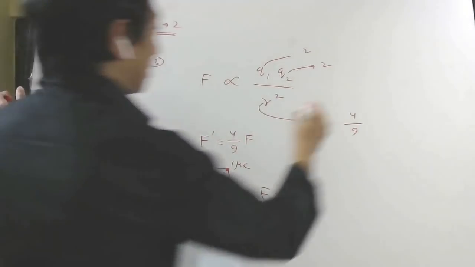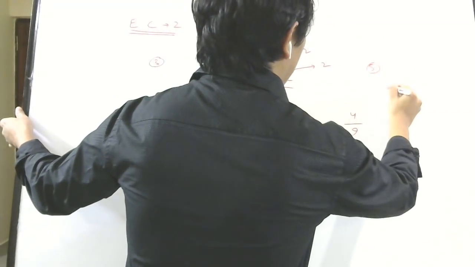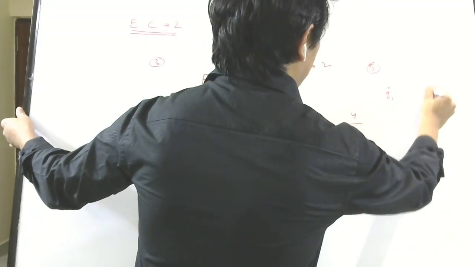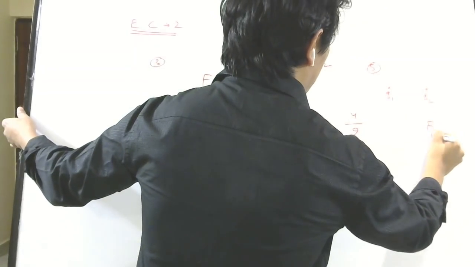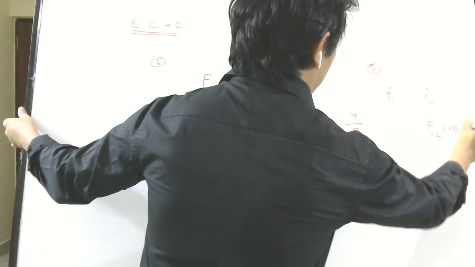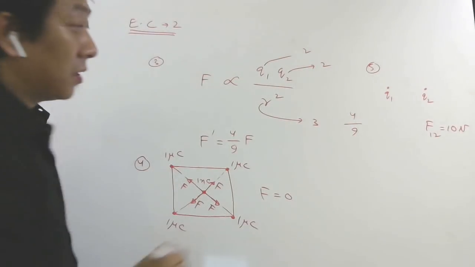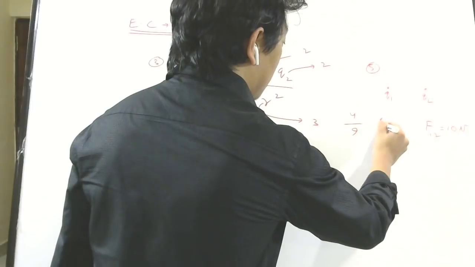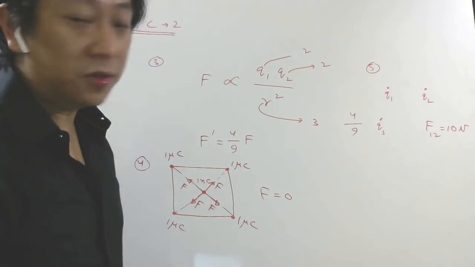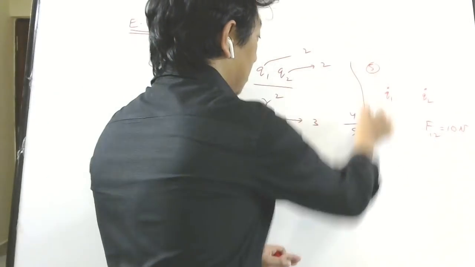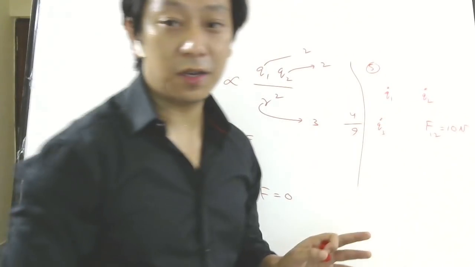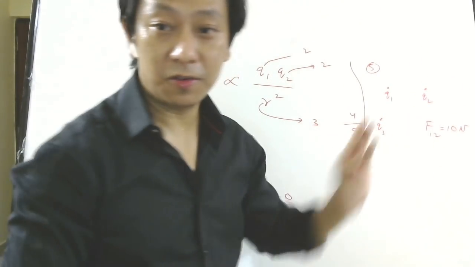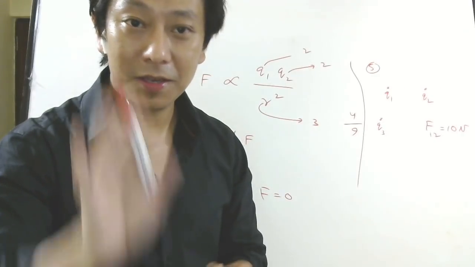This also we have discussed already. So there is Q1, there is Q2. The force between 1 and 2 is 10 Newton according to the question. Now if you bring charge Q3, I know this Q3 will also apply force on both Q2 and Q1. So the net force will change, no doubt. Resultant force will change.